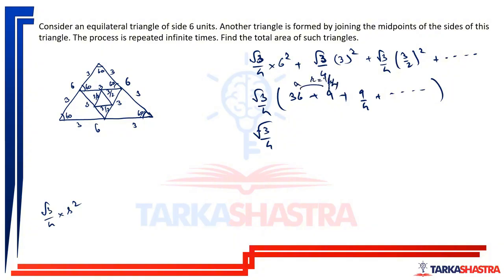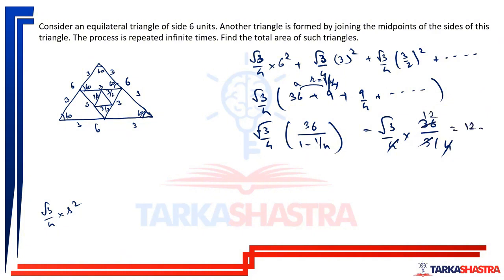So this will be 36 upon 1 minus 1 by 4, which is √3 by 4 into 36 upon 3 by 4. This 4 gets cancelled. This is 3 ones are, this is 3 12s are. So overall area will be 12 √3.